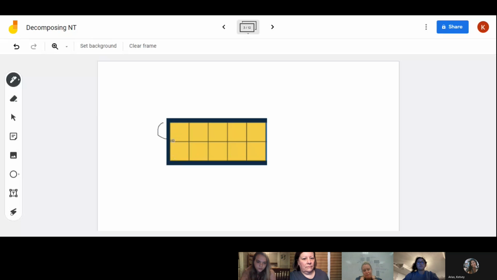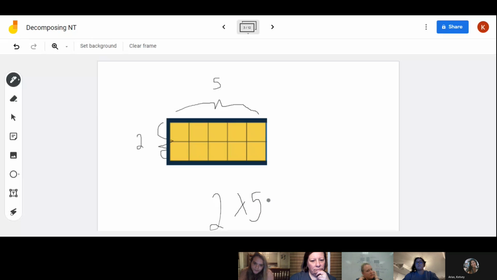A row. So you saw 2 rows. And then what would this be called? The columns. Okay, so there's 5 columns. Good job. And you said it's 2 times 5? Mm-hmm. And that's 10. Okay, so I have a question for you guys.